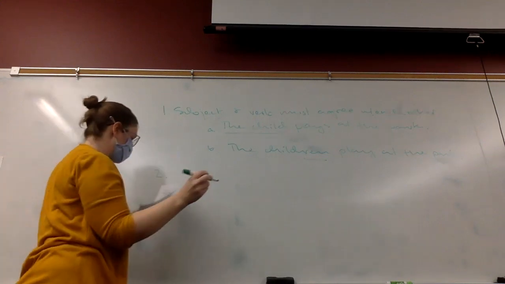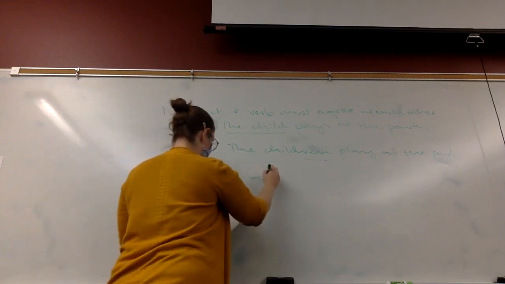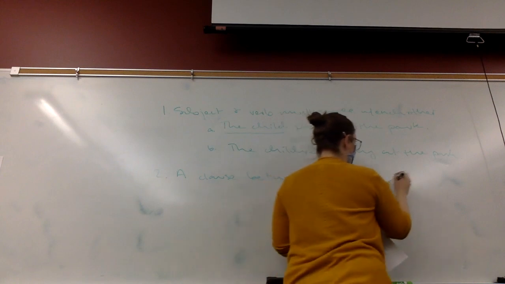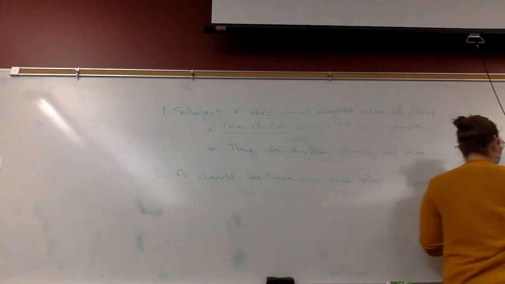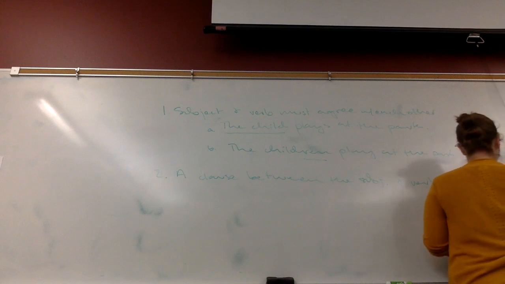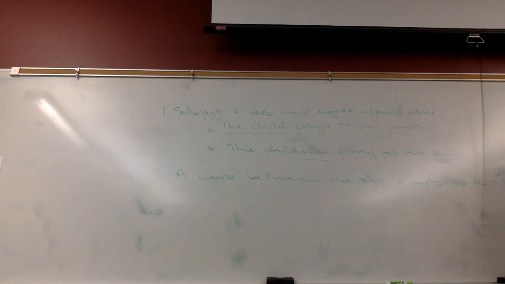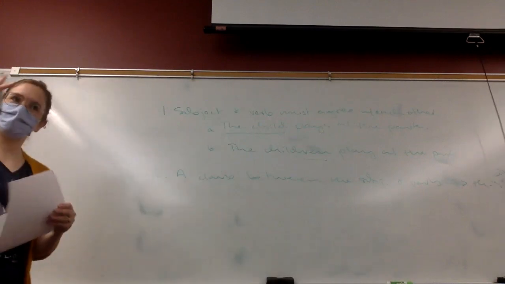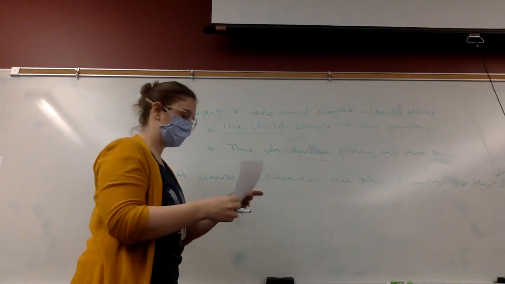Rule number two is when it starts to get a little more complicated. When a clause is between the subject and verb, this will not change the verb. When there are other phrases in there, if there's only one subject and one verb, you're not going to change the verb just because there's something in the middle.